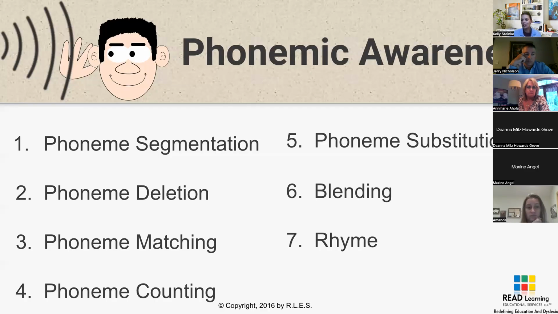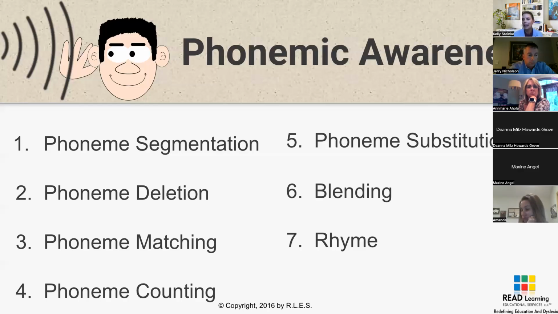But that segmenting can move up to syllable segmenting, right? So maybe a child has dyslexia, they're behind in reading, they finally figure out how to segment single syllable words, but when they get to multi-syllable words, they can't hear the syllable breaks. That's a phonological processing problem.